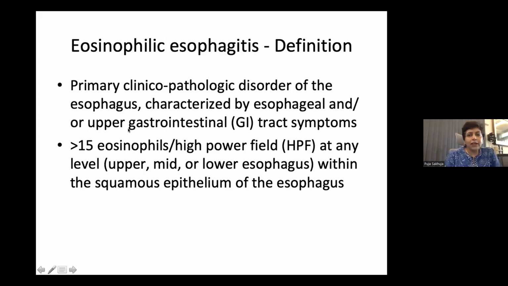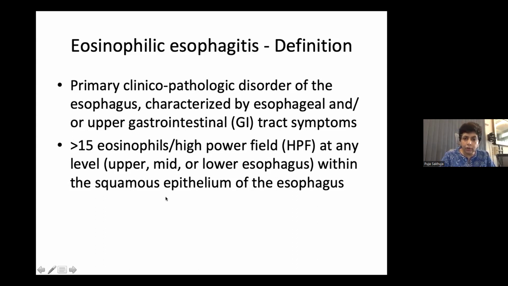So eosinophilic esophagitis, by definition, is a clinico-pathological diagnosis. It is characterized by symptoms in the upper GI tract and more than 15 eosinophils per high power field at any level of the esophagus, upper, mid, or lower.